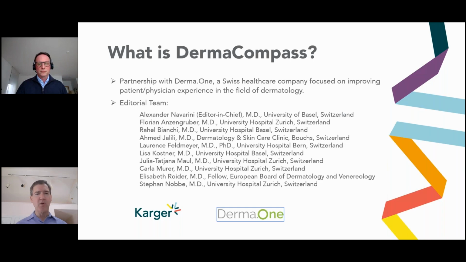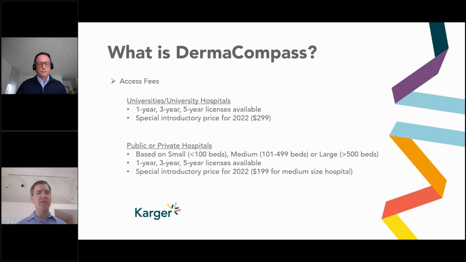At this point, let me just say one more thing about the access fees. As you can see from the slide, we have broken down the fees into two tiers: one for universities, hospitals and university hospitals, the other for public and private hospitals.